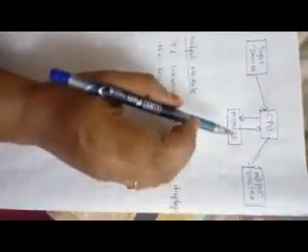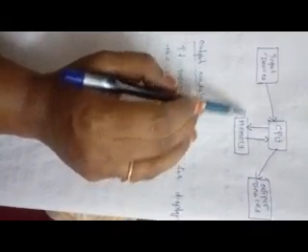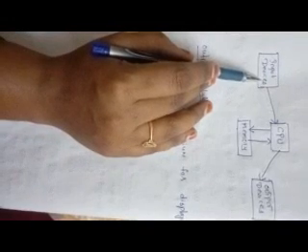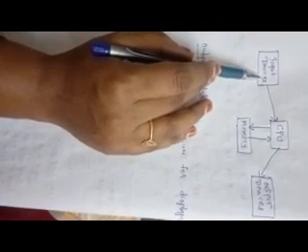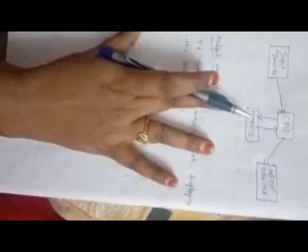The main important point here is that main memory cannot deal directly with the input devices unless there is a special case. This special case we are going to learn in the upcoming lectures. So these three are the main basic components of a computer system.